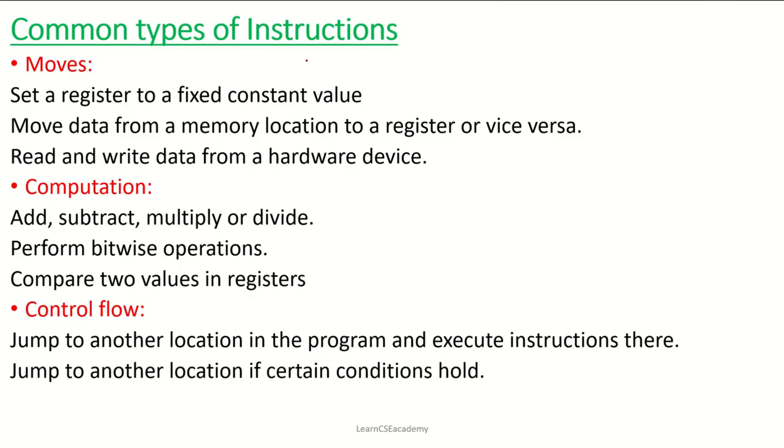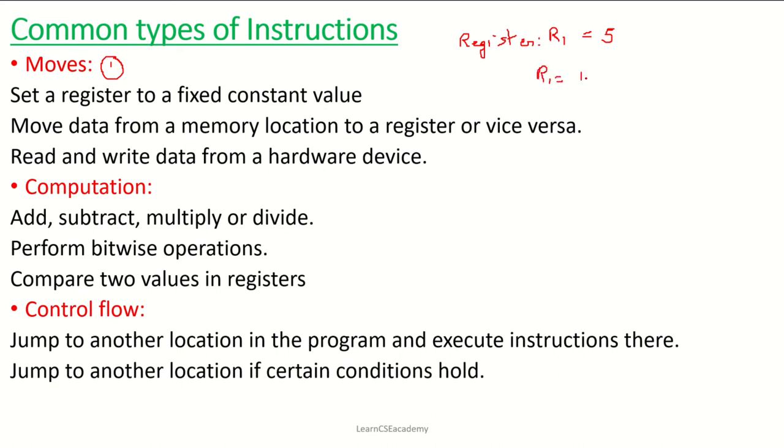So what are the common types of instruction when we talk about assembly language? Broadly we have three kinds of instruction. First we have move, where we are moving data from one place to another. For example, we have a register R1 and we give it the value 5 directly. Then we can move data from a memory location to a register.